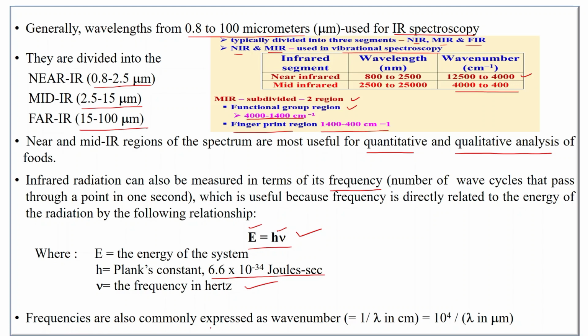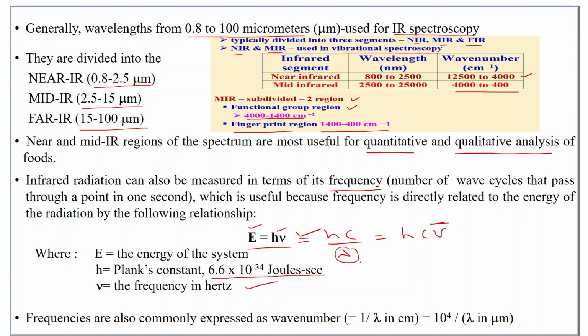Frequencies are also commonly expressed as wave number. Here we can see that we can express the radiation in terms of wavelength or in terms of frequency, because we know E equals h nu, and this is equal to E equals hc by lambda. So we can write it in the lambda form, and we can write it in the form of wave number also.